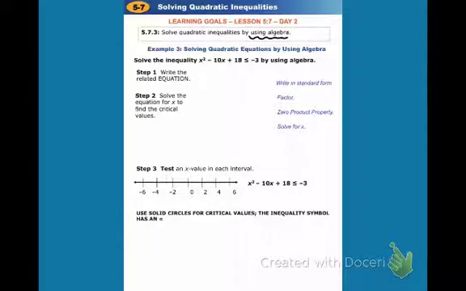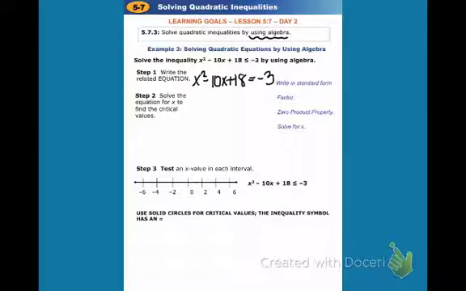But today we're going to be using algebraic methods, and so our first step to solving something like this algebraically would be to write the related equation. In other words, we just drop the inequality and pretend that this was an equation all along. So we'd say it equals negative 3 instead of being less than or equal to negative 3. With this equation we can find those critical values, because that's what we were doing with the calculator: seeing the two places where the parabola crossed the horizontal line.